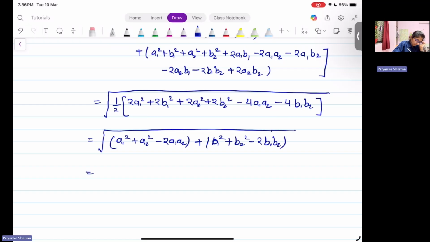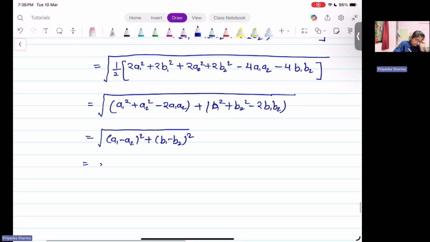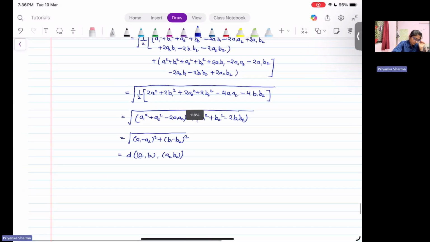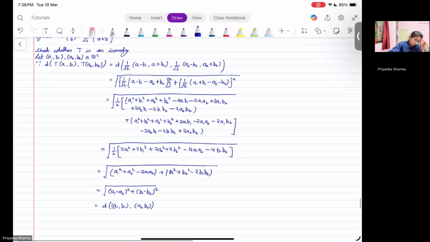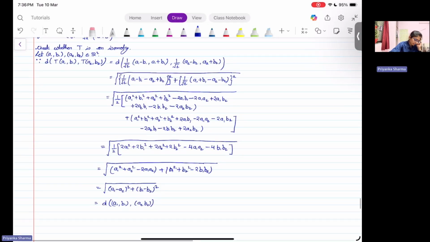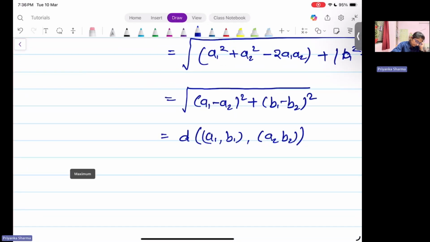So this will be the square root of A1 minus A2 whole square plus B1 minus B2 whole square. So this is the distance between A1 B1 and A2 B2. So by this, we can conclude that T is an isometry.